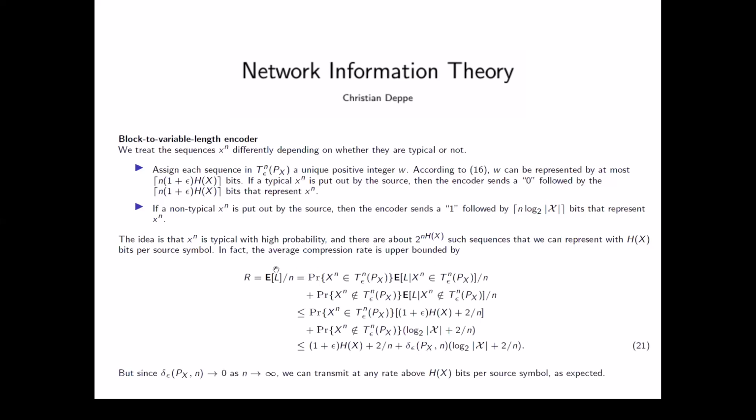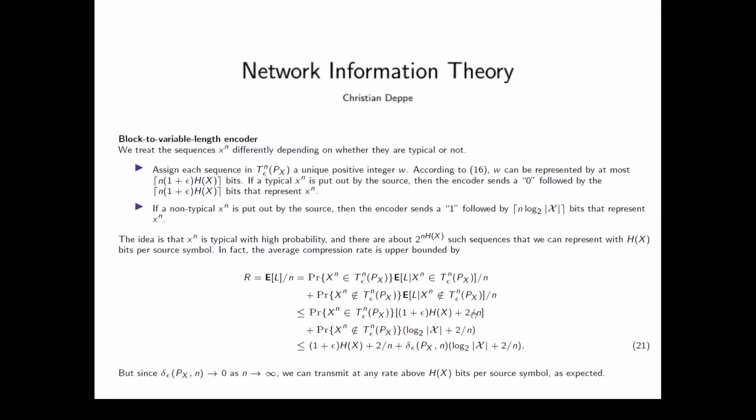In fact, if we now calculate it and use our theorem, so we look at the rate, that's the expected value of L over n. So this is equal to the probability that the sequence is typical times its length, plus the probability that the sequence is not typical times its length. Now, if you look at how we encode this, the length in the case that the sequence is typical is equal to 1 plus epsilon times the entropy of x plus 2 over n.